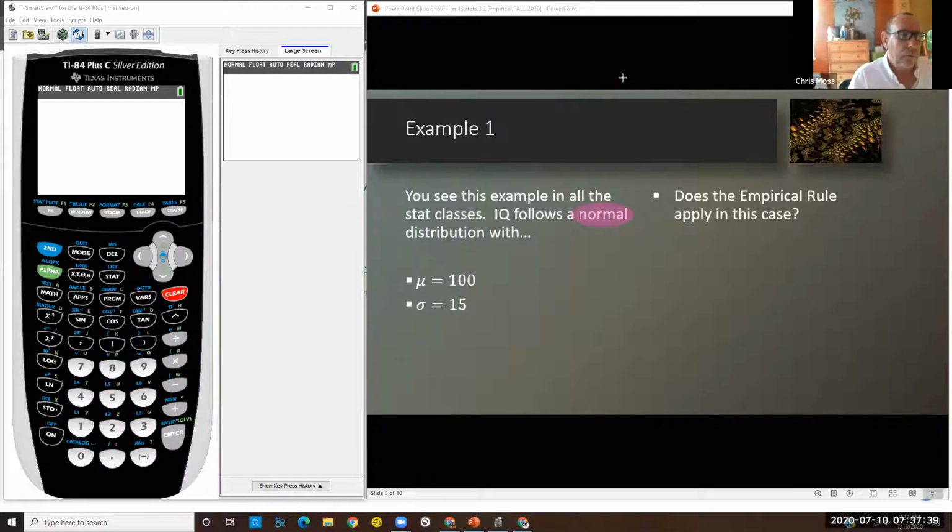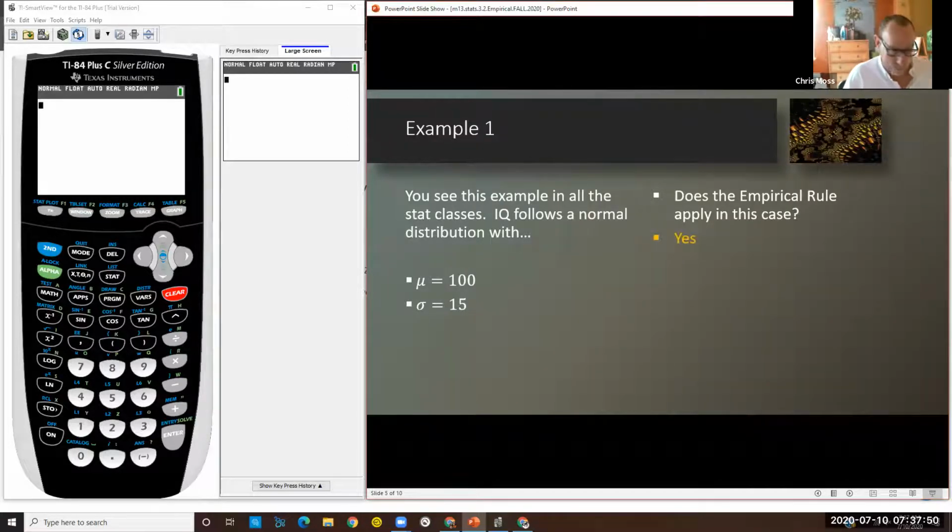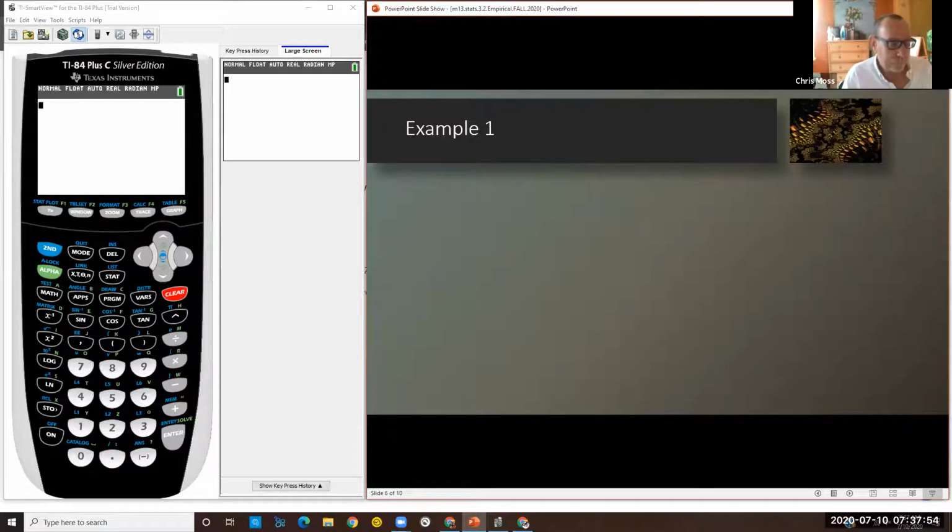All right. So does it apply in this case? Well, I would say yes, it does. Now, once we know that it applies, we can start to use it to our advantage.